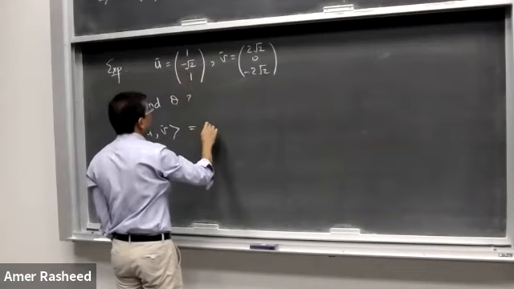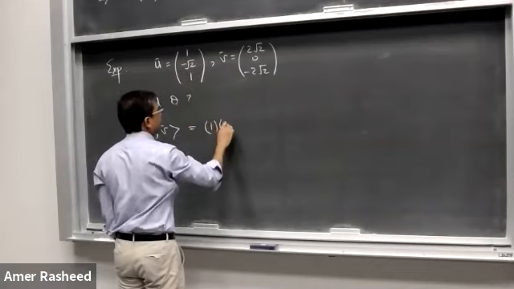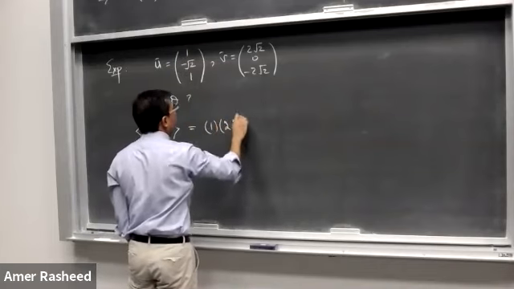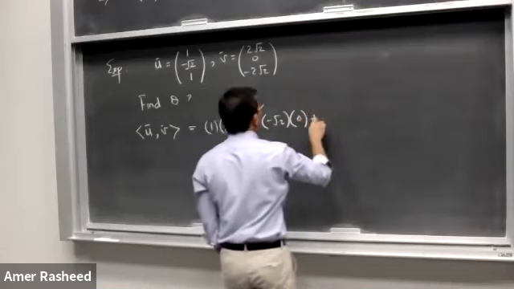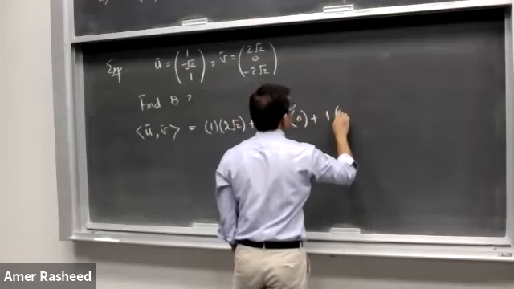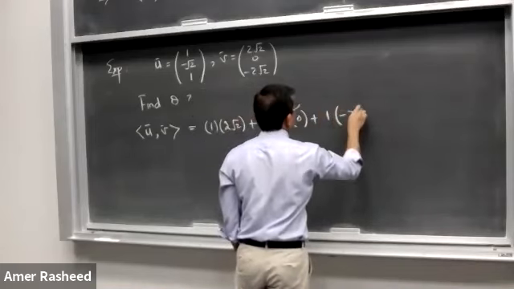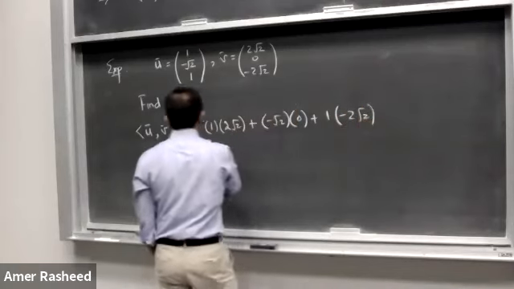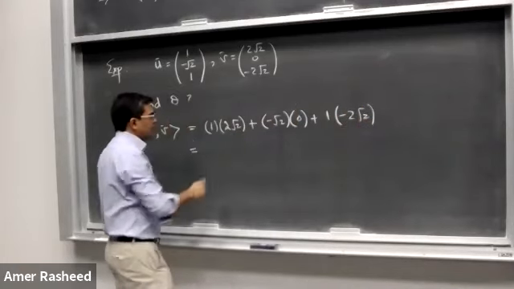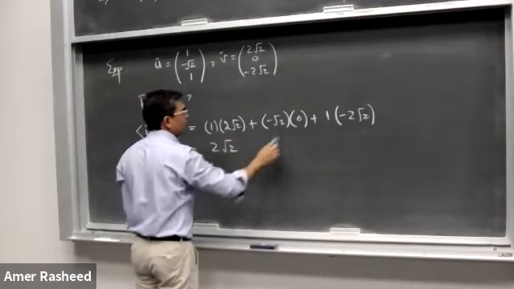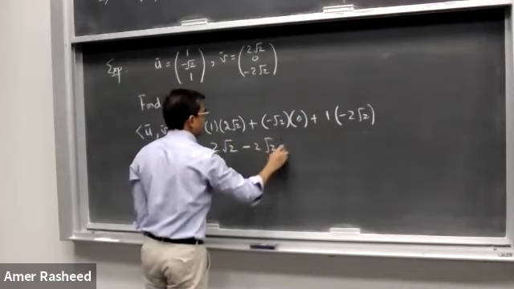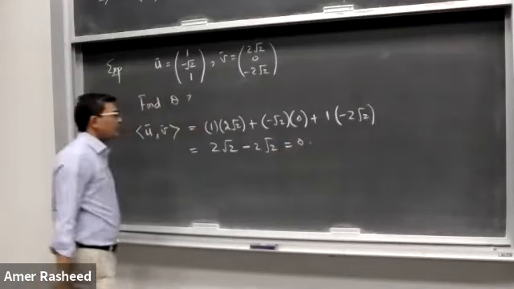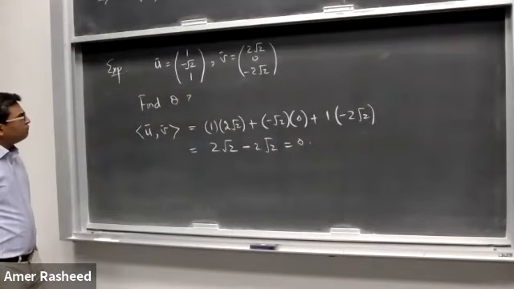So this will be 1 times 2 square root 2, plus negative square root 2 times 0, plus 1 times negative 2 square root 2. So this is the dot product or the inner product. That becomes 2 square root 2, 0, and negative 2 square root 2, which is 0. So the dot product is 0.